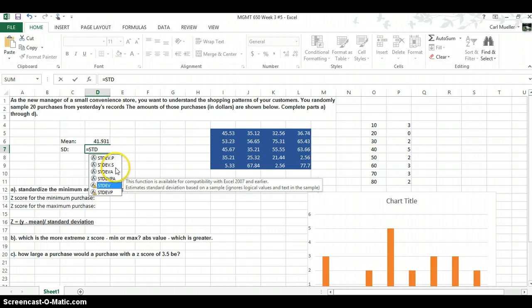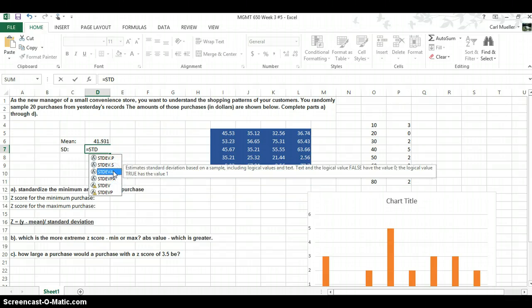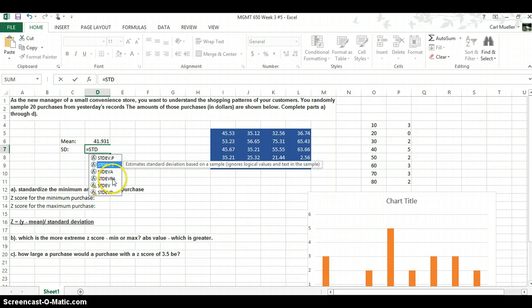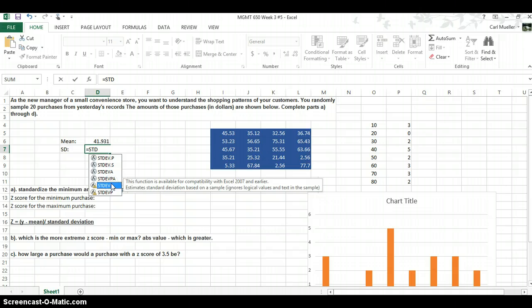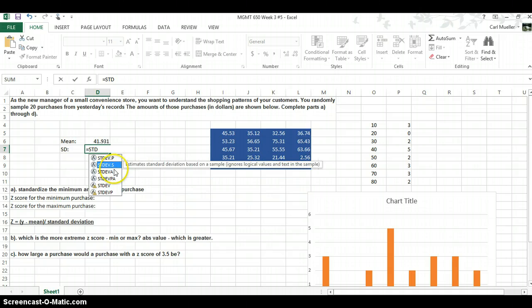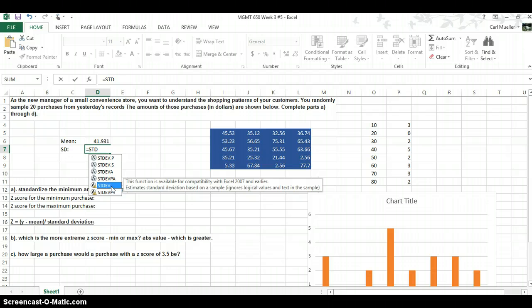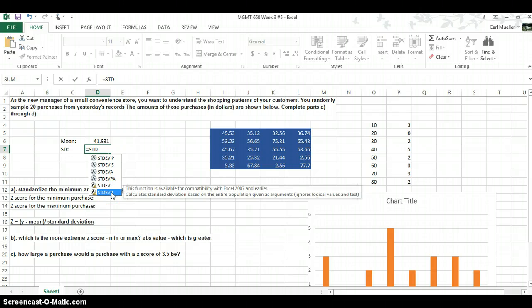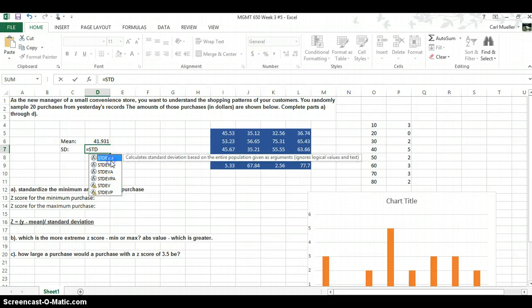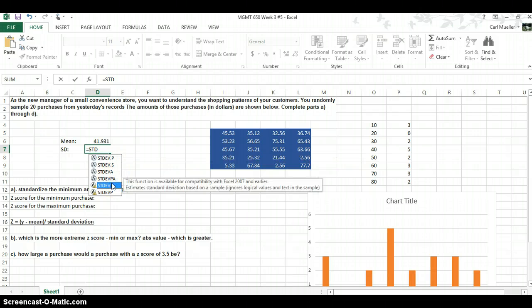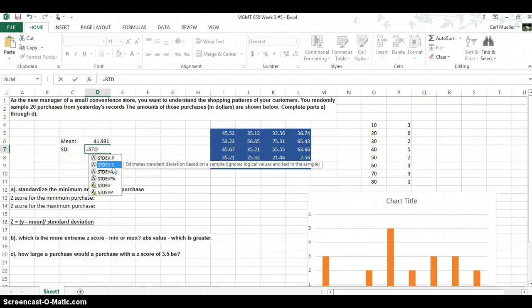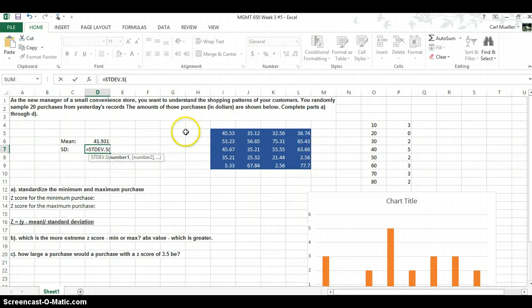In newer Excel versions, you want to go for that one, but we'll stick with the older version for now. This one, the S, and this are the same. This one, as you can imagine, is a population, so you're dealing with much larger groups. For our purposes, we want either the STDEV or the STDEV.S. Either way will get you the same result. So we'll go ahead and do this. This is our standard deviation.